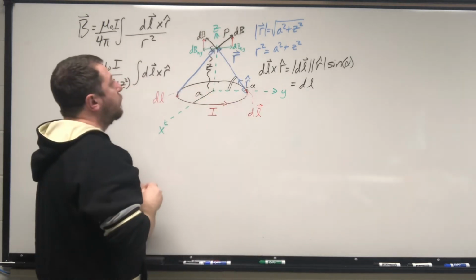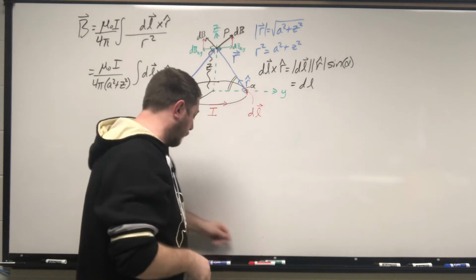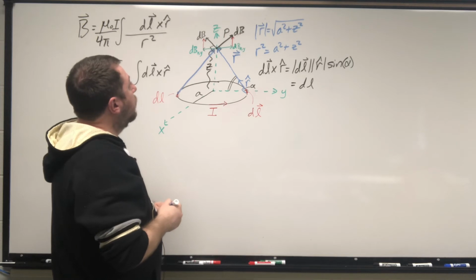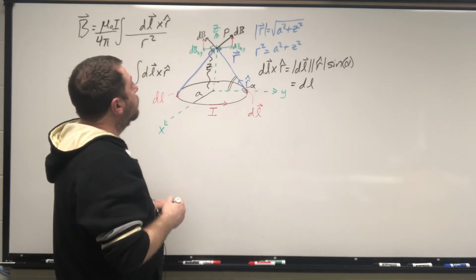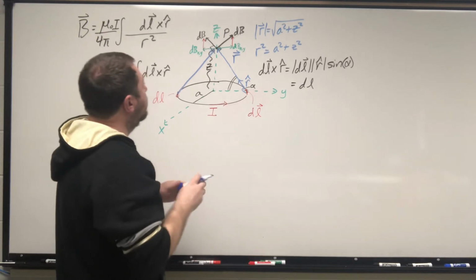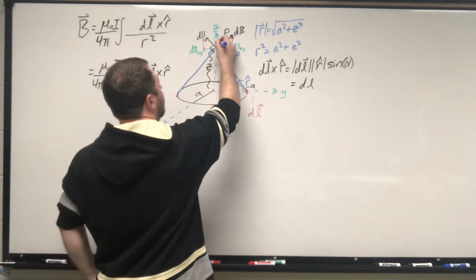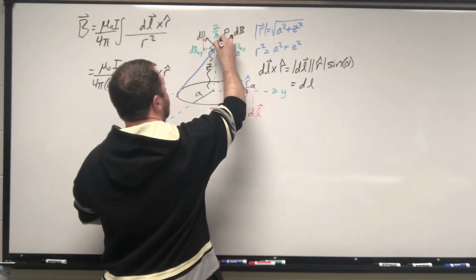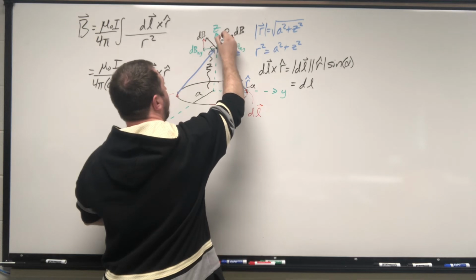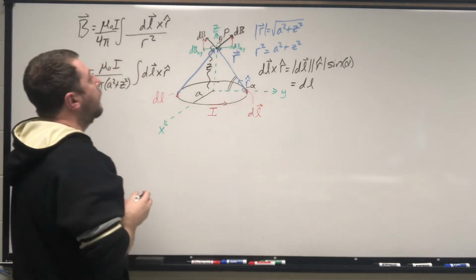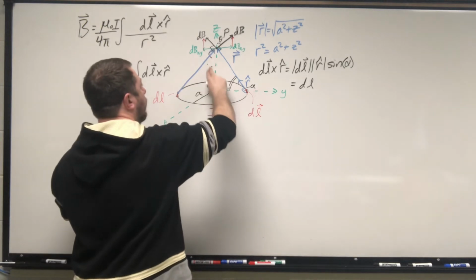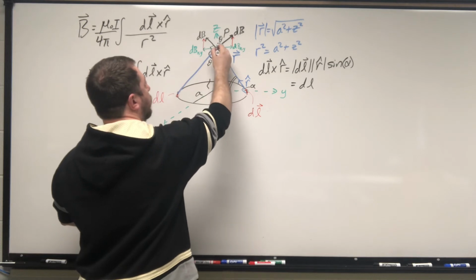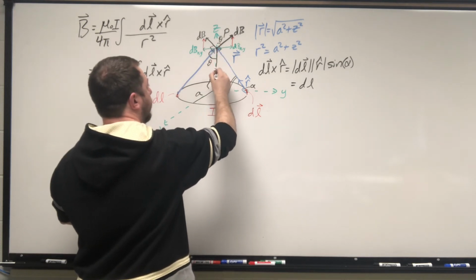And if we look at our vertical components, what are those components going to be? Well, it depends on what angle you want to use, but if we use this angle right here, and we'll call this angle theta, then this angle will also be theta, and we'll denote this as Z here.